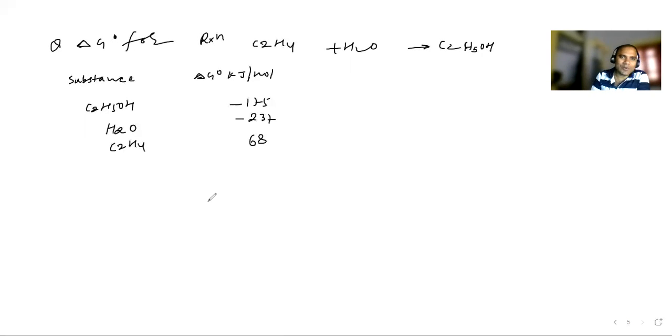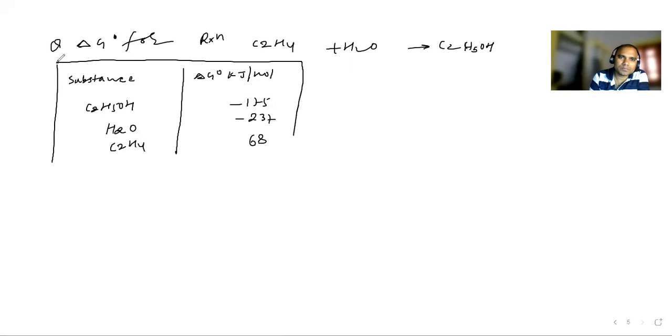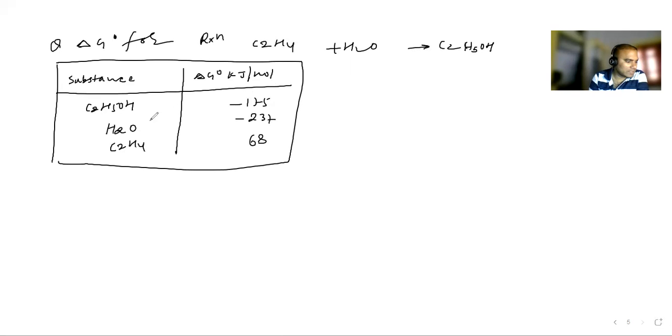I'm talking about the C2H5OH, minus 175. Okay, so that will be minus 2. I got my answer to be negative 6. Yeah, that is correct, negative 6, and a spontaneous process.